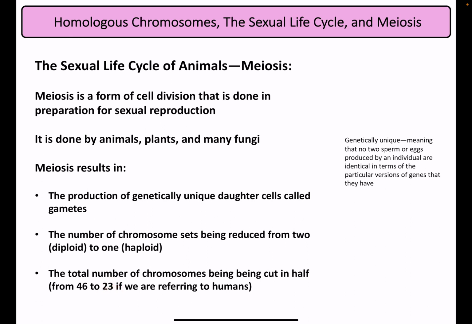So in summary, we're looking to go from 2 sets, diploid, to 1 set, haploid. And we're looking to go from 46 chromosomes to 23 chromosomes. And we want them to be really genetically unique. So if you can keep that in mind, most of the mechanics of the process should make sense.